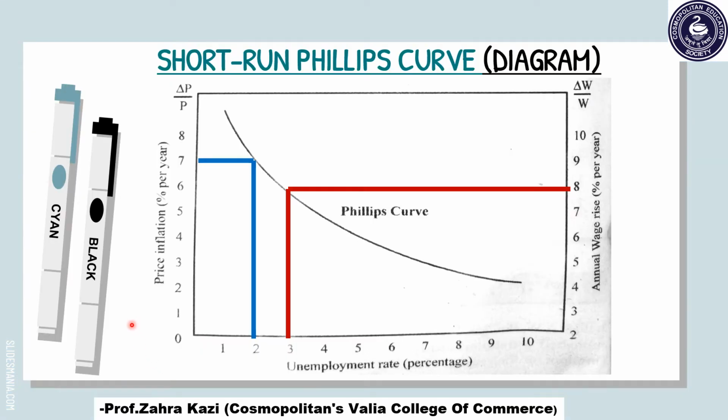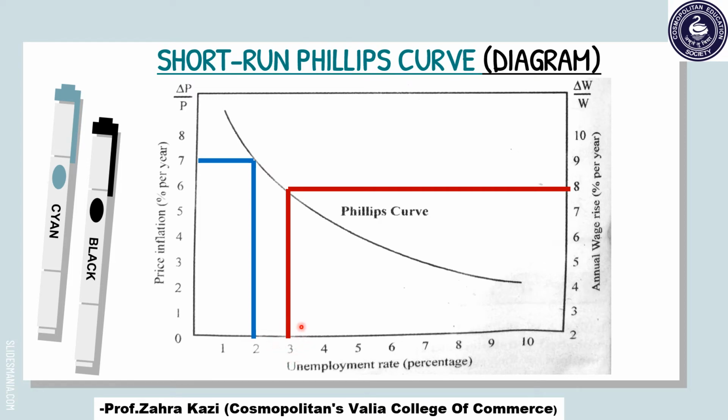Further students, with respect to this diagram of short-run Phillips curve, I want you all to look at the blue lines in the diagram. The blue lines clearly show that if the inflation rate is 7%, the unemployment rate is 2%. On the other hand, if the wage rate is 8%, the unemployment rate is only 3%.